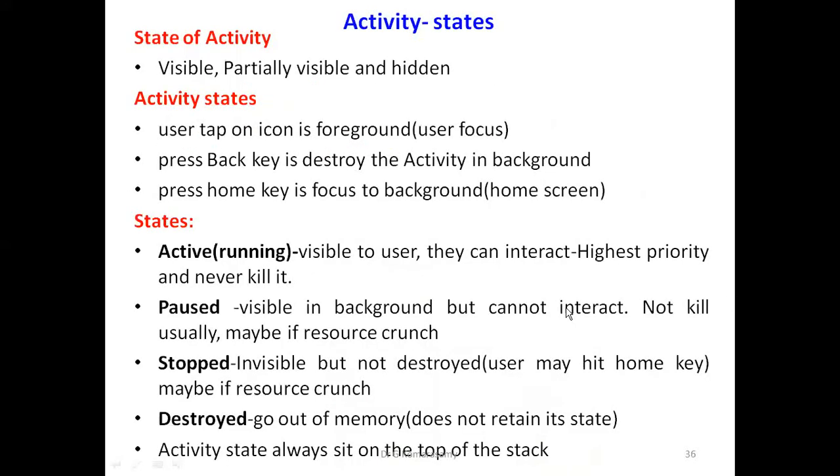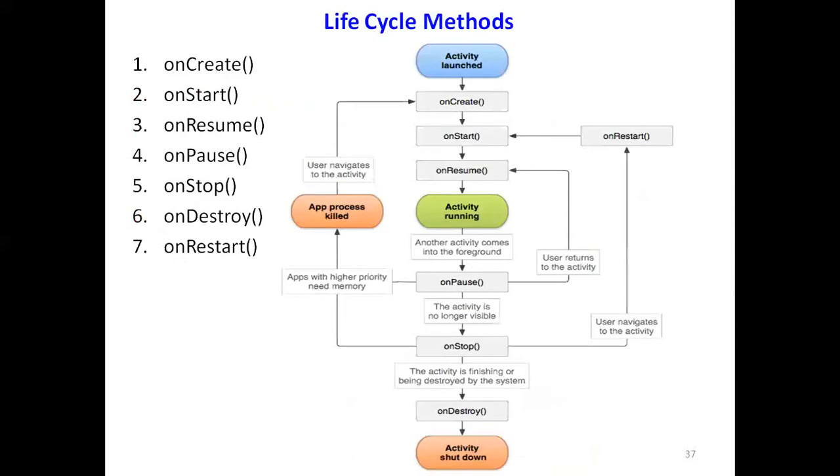So these are some of the activity states, right? Activity state: visible, partially visible, and hidden. So these are all the states: active, pause, stop, destroyed, right? These are the Android app states. Now coming to another important concept, Android app lifecycle methods.